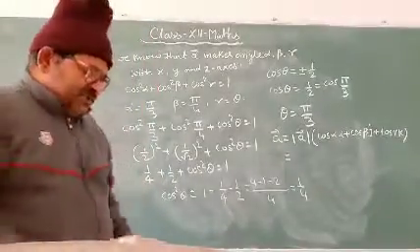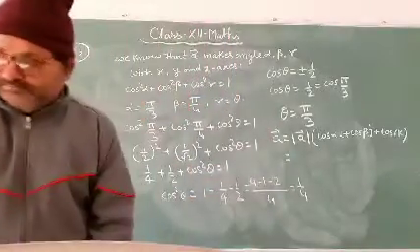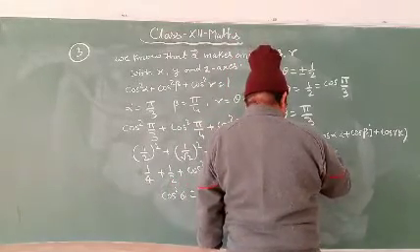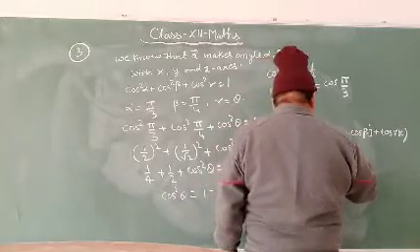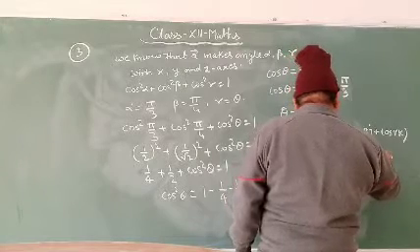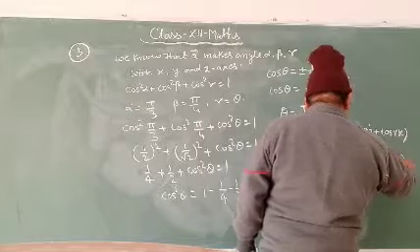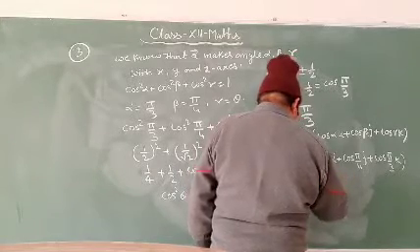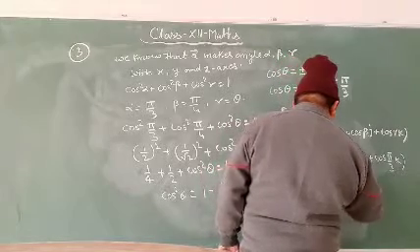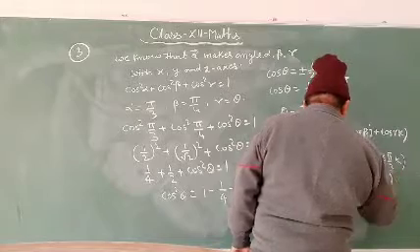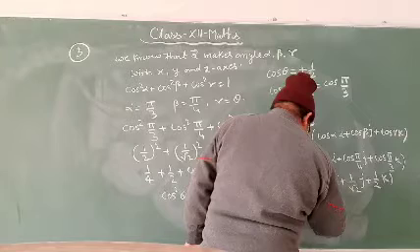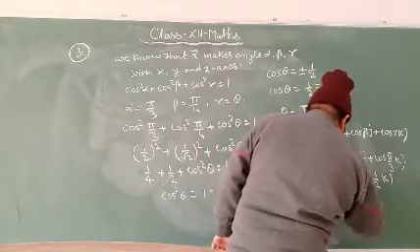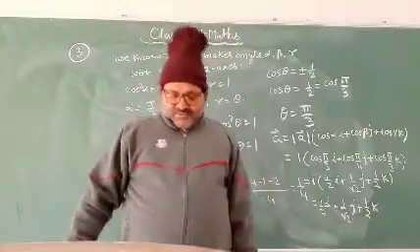So it is cos pi by 3 i plus cos pi by 4 j plus cos pi by 3 k, which is equal to 1 upon 2 i plus 1 upon root 2 j plus 1 upon 2 k. This is the value of vector A.